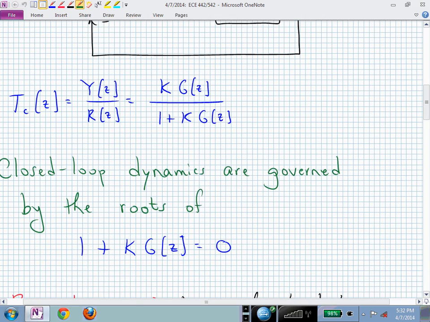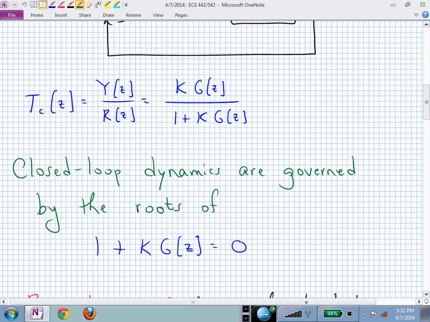And we're interested in the closed loop dynamics, which are governed by the denominator of T sub C of Z, or we're interested in the roots of 1 plus K G of Z equaling 0. What can we do with that expression as we adjust this knob for the gain K? That's what we're interested in with proportional control.